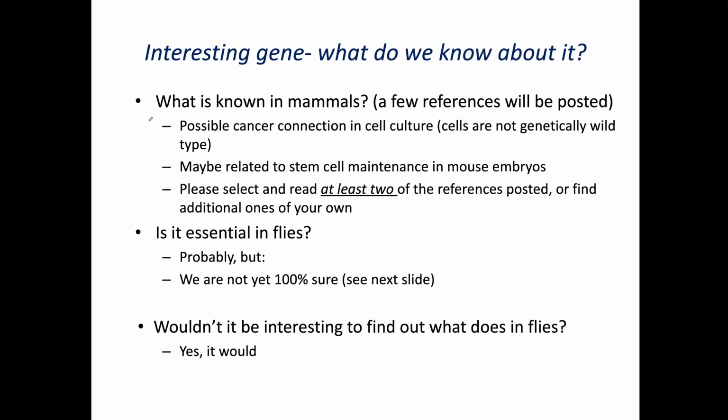And so what do we know about it in mammals? Well, there's a few things. One is there are possible cancer connections. So one of the things we know about certain kinds of cancers is that there are certain genes that are shut off through methylation in cancers.